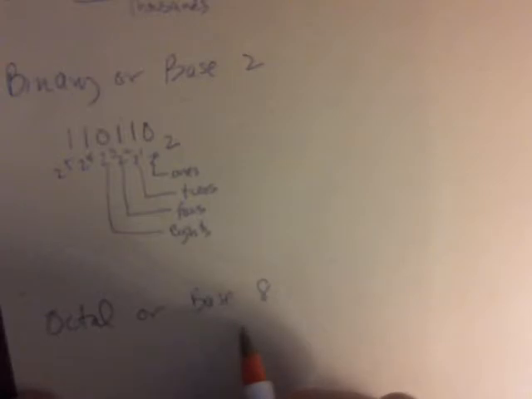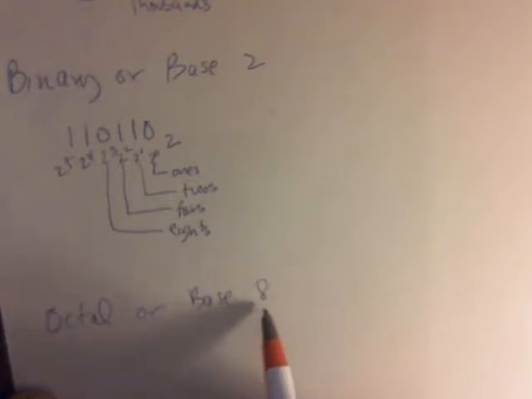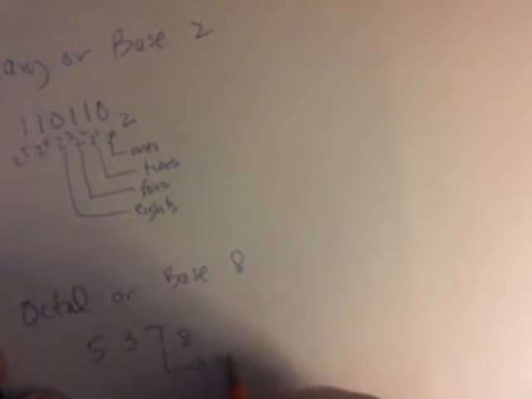Now, octal, or base 8, is where you're going to have the same setup as we do for decimal and binary. The difference is now you can only have digits that go from 0 to 7. And if I had an octal number like this, that's base 8 again, subscript, then that is your 8 to the 0, or your ones place.